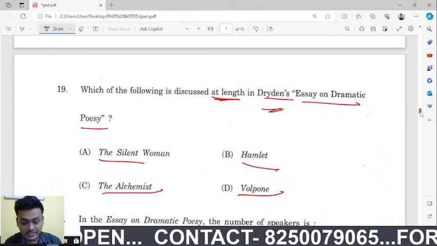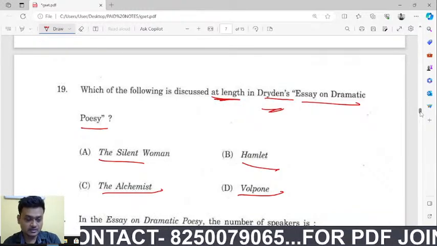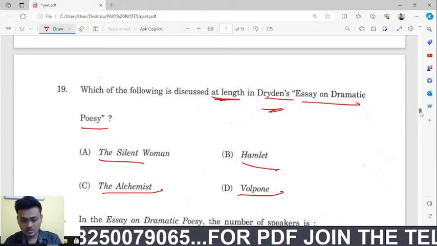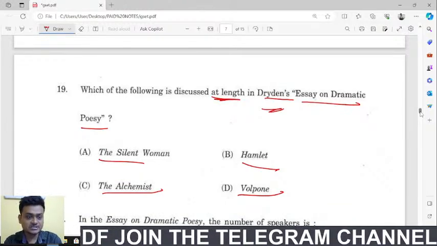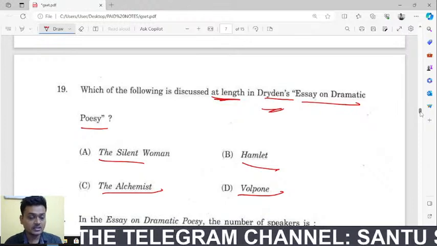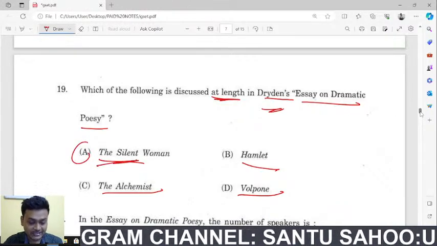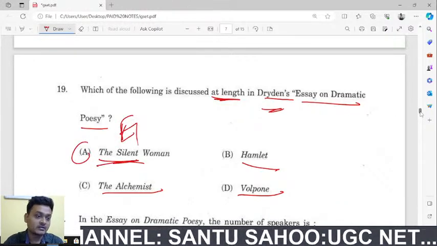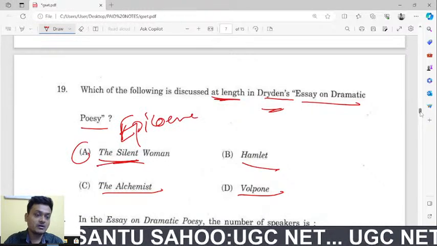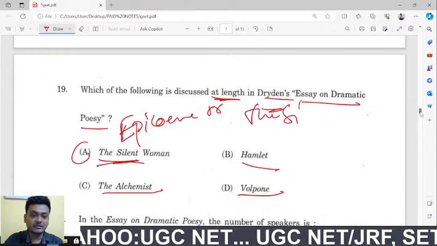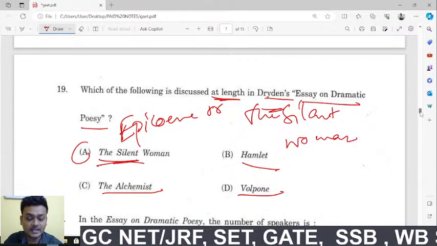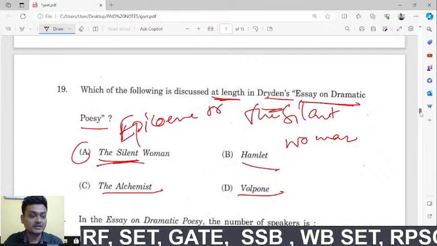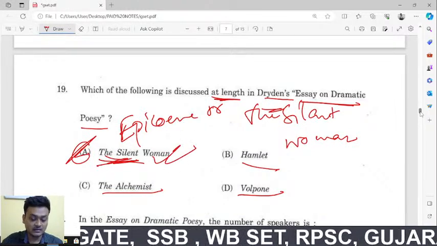Dryden had elaborately referred to the work of Ben Jonson, that is The Silent Woman. The Silent Woman is the subtitle, and the original title is Epicoene. So A is the right answer.